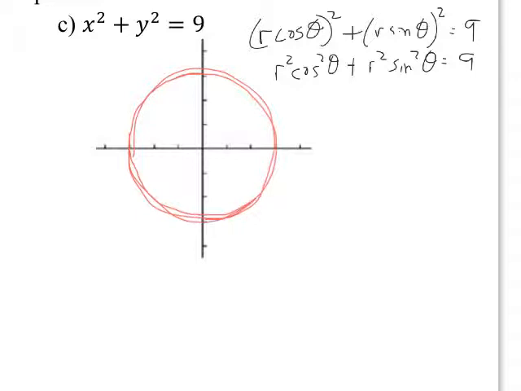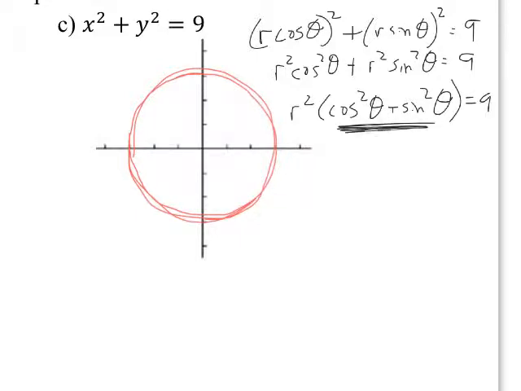Then we'll factor an r squared out because our goal is to isolate the r. Cosine squared theta plus sine squared theta. And there's a Pythagorean identity right there. Cosine squared plus sine squared is the same thing as 1.